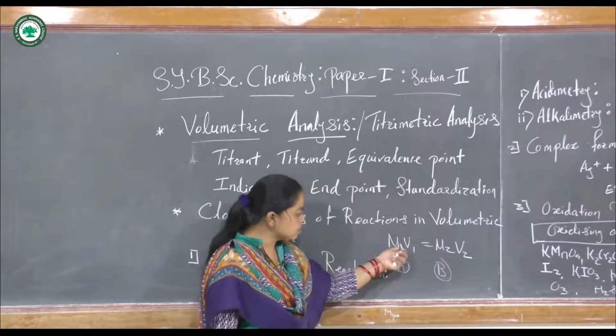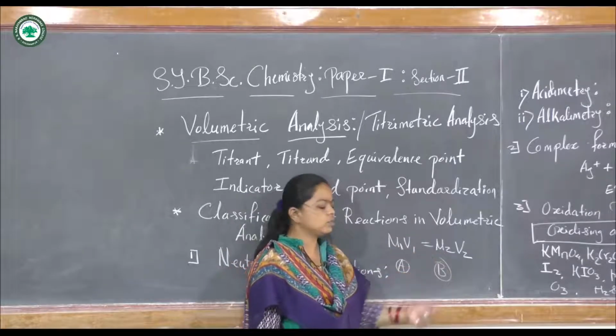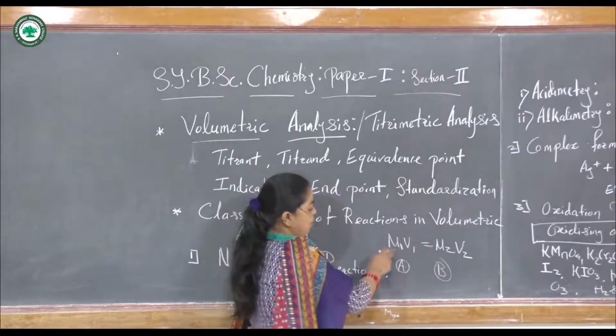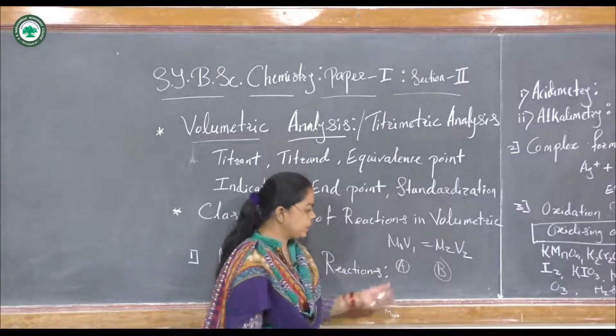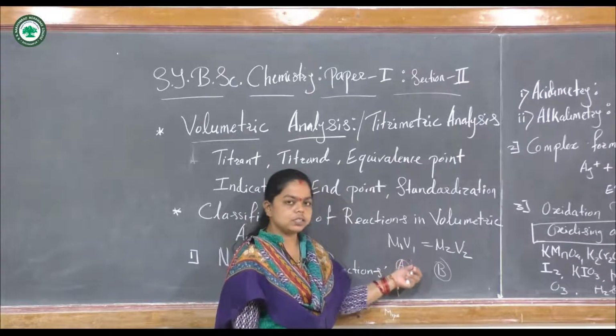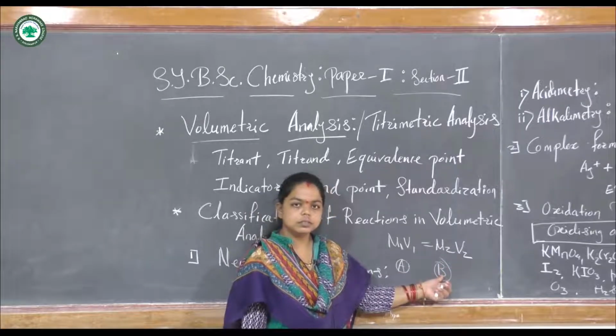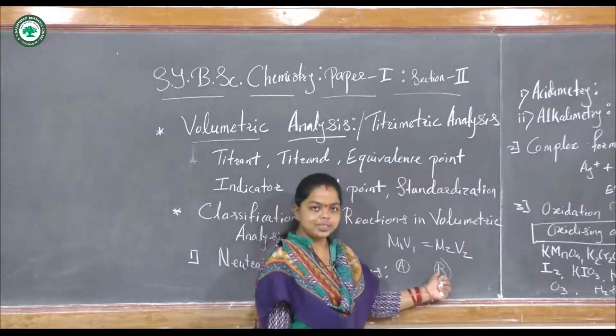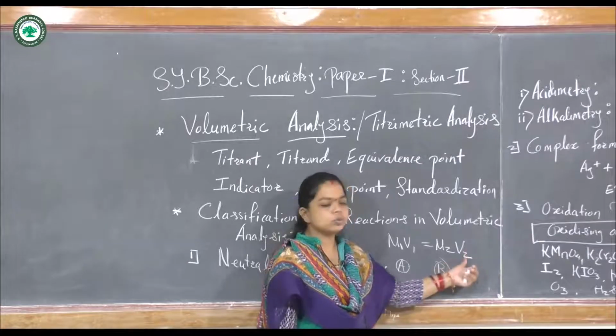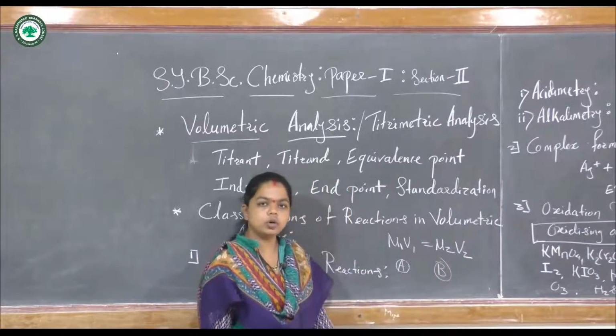In this formula N1V1 equals N2V2, N1 is the exact normality or concentration of A, V1 is the exact volume of A, N2 is the normality or concentration of B which is to be determined, and V2 is the exact volume of B.